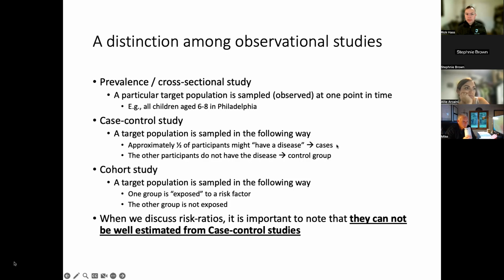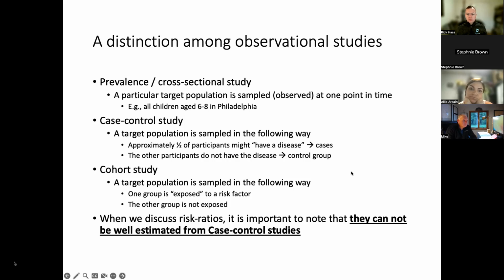So our sampling plan begins with these two numbers, and then the number of people with the risk factor, or what ends up being the exposure, is then the random variable.